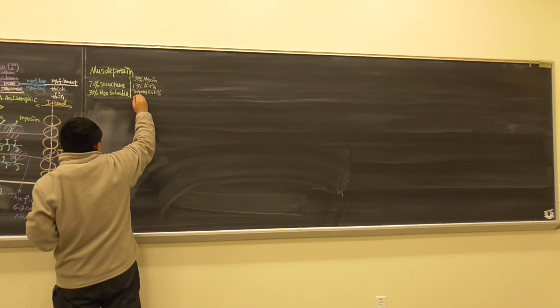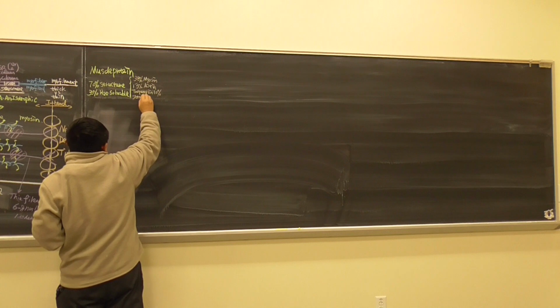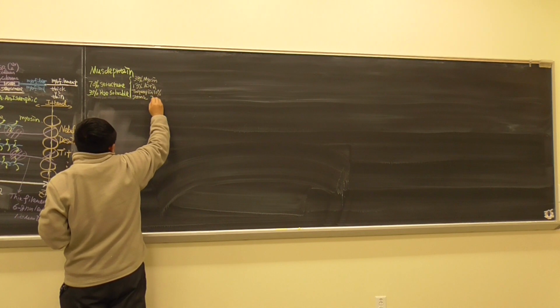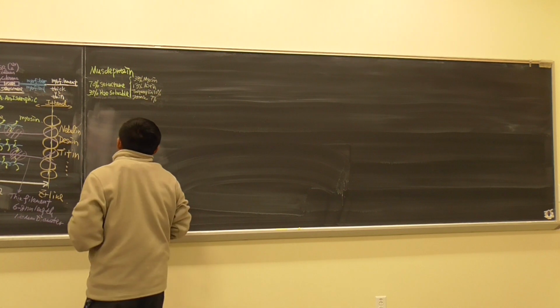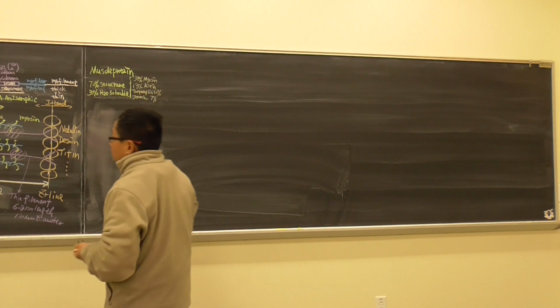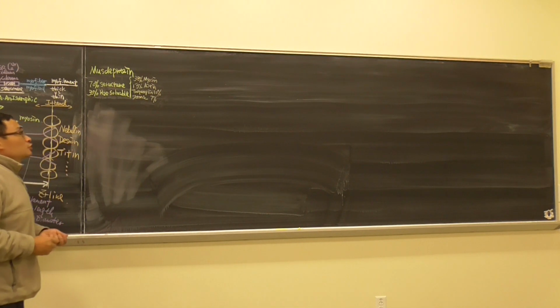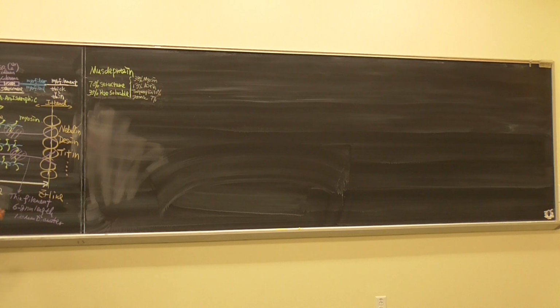And there is another called stroma protein, which is about 7%. Okay, there are some others we don't know yet, a little bit of trace amount. So this is what we talk about as muscle protein.